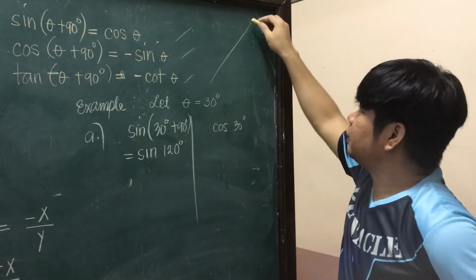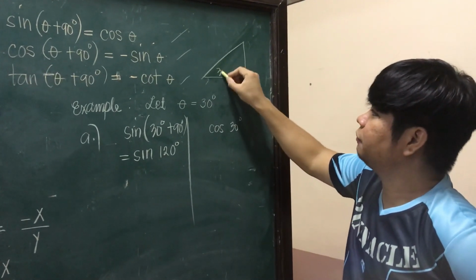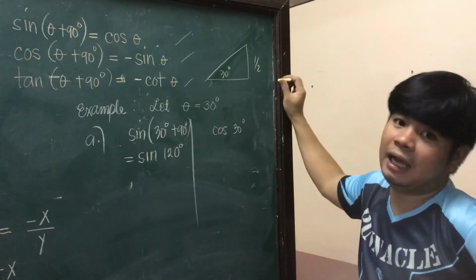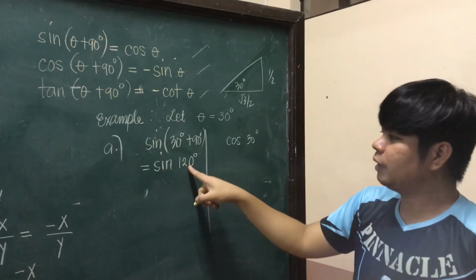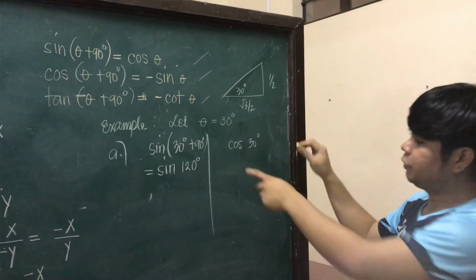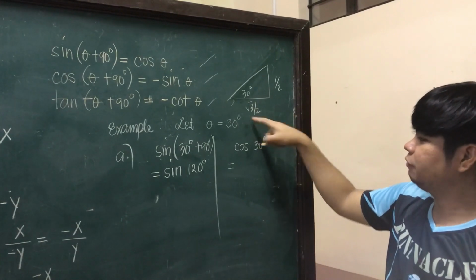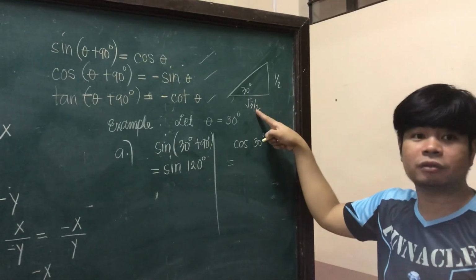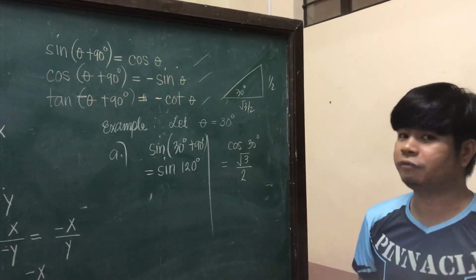If we draw a triangle just for reference, if this is 30 degrees, then the hypotenuse is 1 and this side must be square root of 3 over 2. So cosine 30 degrees, the adjacent side of 30 degrees here, is the square root of 3 over 2.